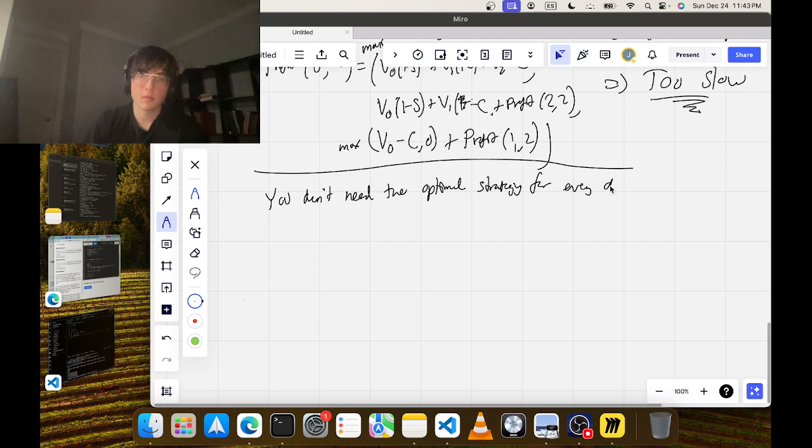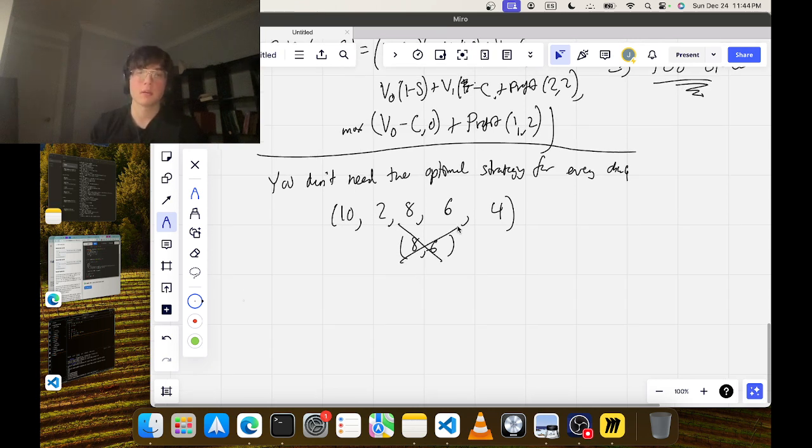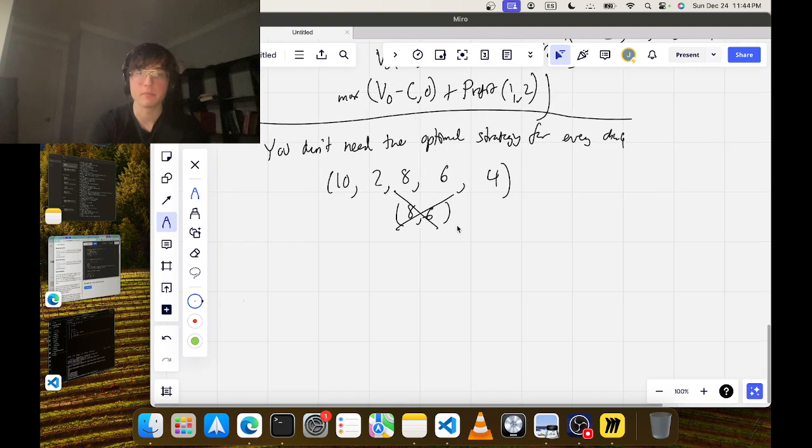You don't. So let me give you an example of a chunk, which is 10 to 864, that we don't need to compute the expected value of. I think this one, 86, or the best strategy, the best profit. We don't need to compute this chunk. It turns out we don't.